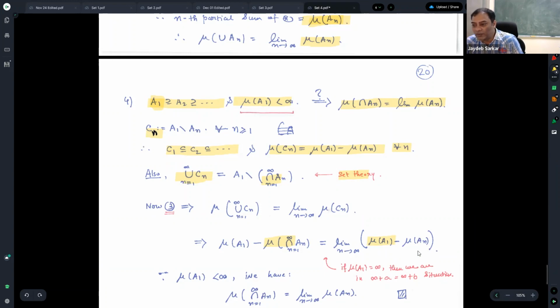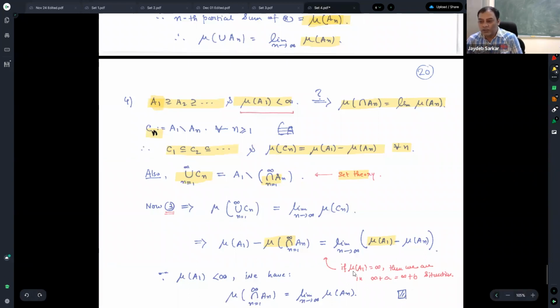And then you are in a situation where the measure of A1 minus something equals the measure of A1 minus something else. From here, if you know the measure of A1 is a finite number, then you can cancel. If you don't know it is finite, then you cannot cancel.